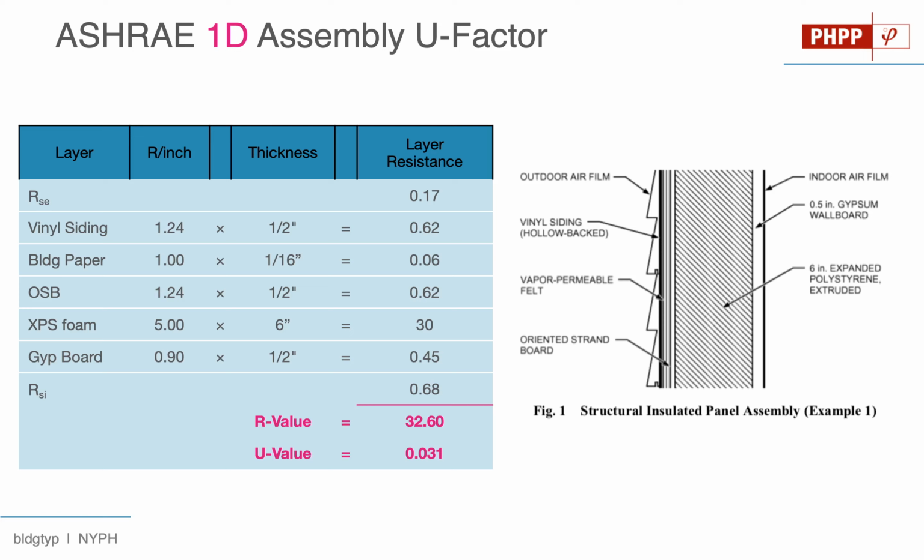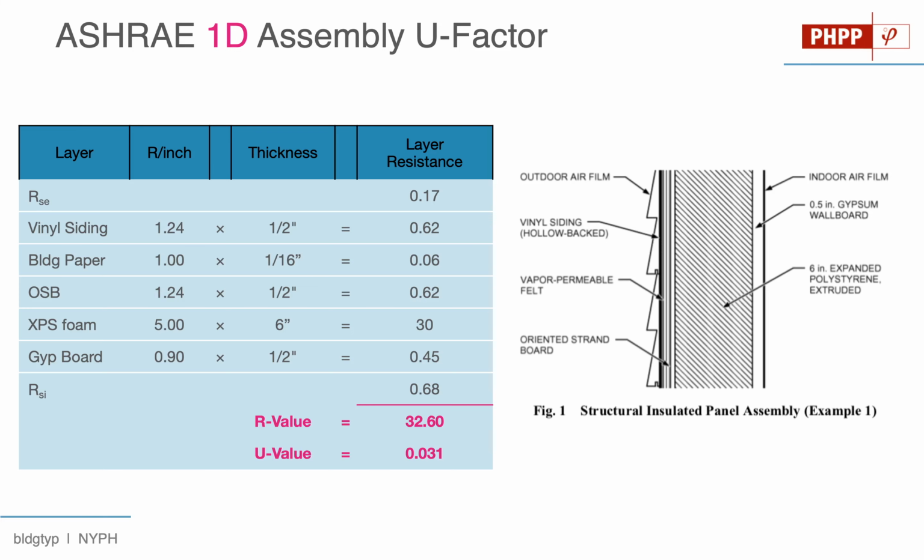If we sum all of those up and we add to them the RSI and the RSE, the surface film resistance on the interior and the surface film resistance on the exterior, that gives us a total assembly resistance of 32.6. And we can get the U value of that by simply taking the inverse, by taking 1 over 32.6, and that gives us a total U value of 0.031 BTUs per hour, square foot, degree Fahrenheit.